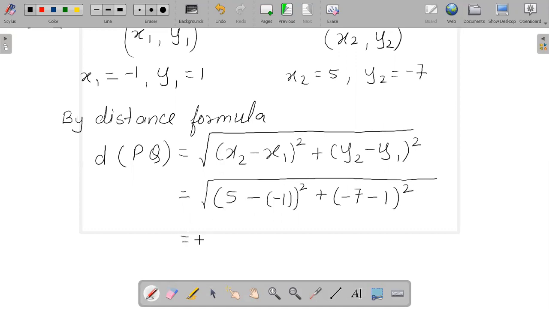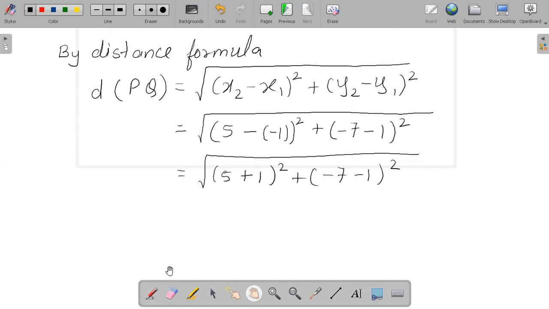Now we need to simplify it. Look at the first term here. This is 5 minus of -1. So what will this change to? Addition. Yes, correct. So it becomes 5 plus 1 the whole square plus -7 minus 1 the whole square.